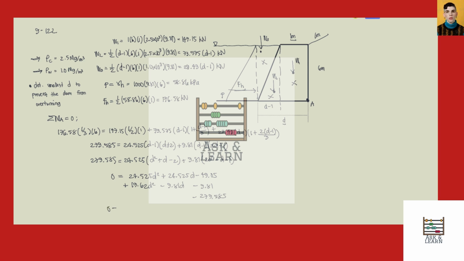So we have 0 equals 44.145 d squared plus 14.715 d minus 338.445. So taking the positive root, d is equal to 2.607 meters. This is the answer.